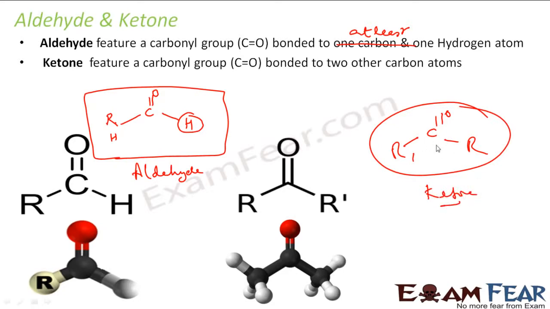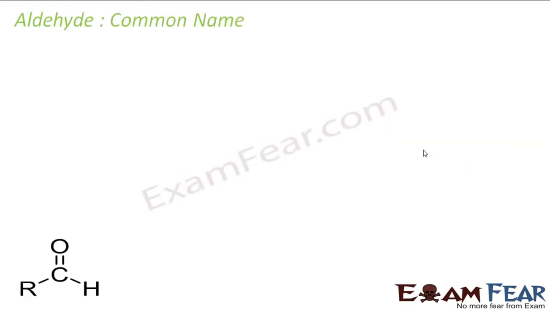So both the bonds of this carbon are used anyway. Now we have only 2 bonds left, so both have to be bonded to carbon, right? This is an alkyl group, so it's a carbon. This is my ketone.